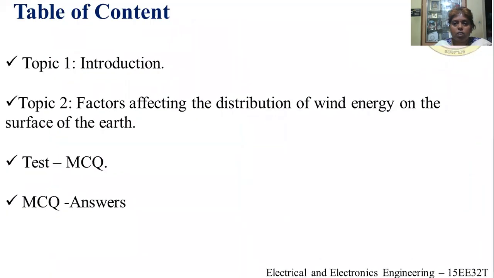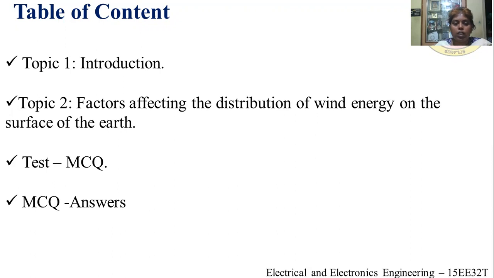In this session, we are going to discuss the topics: introduction, topic 2 factors affecting the distribution of wind energy on the surface of the earth, and multiple choice questions and answers for the multiple choice questions.